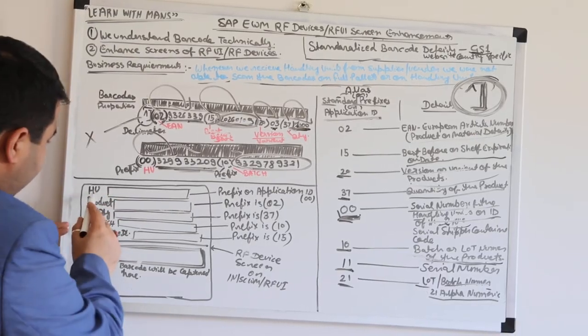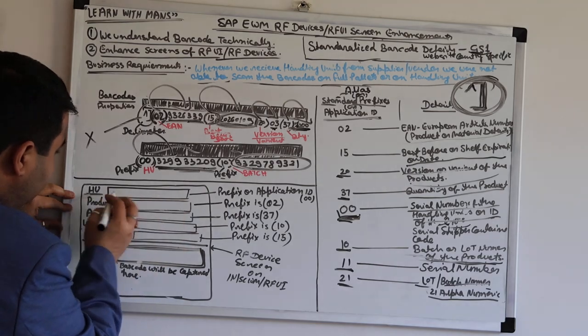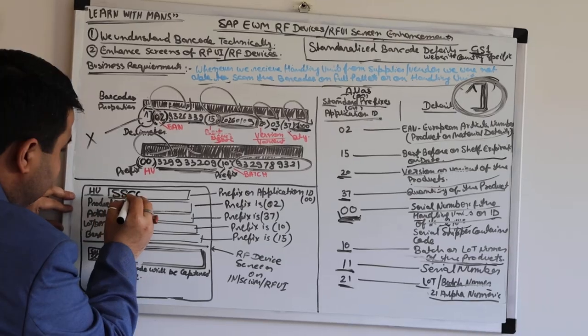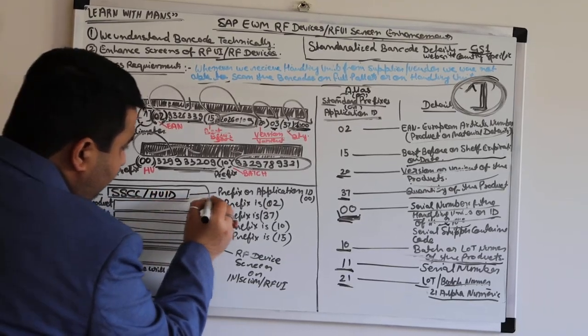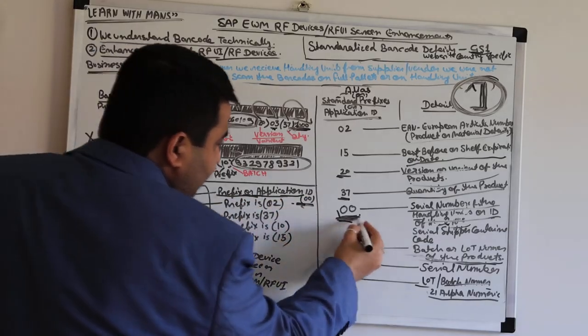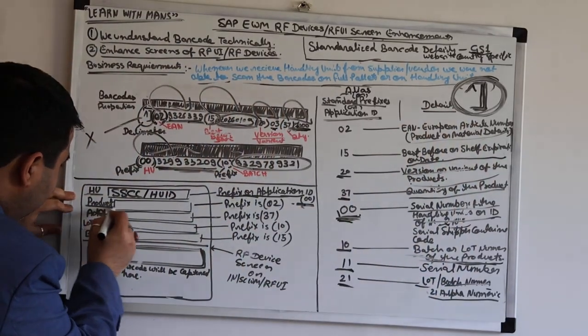The first screen has the handling unit, which is the SSCC, the serial shipper container code, or HUID. The prefix or application ID here is 00. 00 indicates the serial number of the handling unit or ID. Then we have the product.